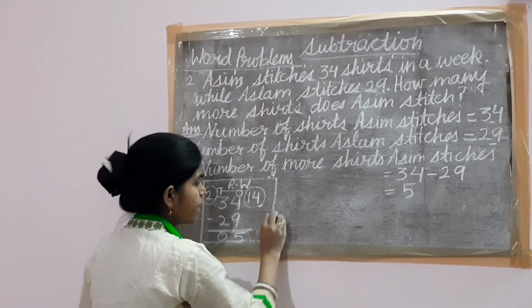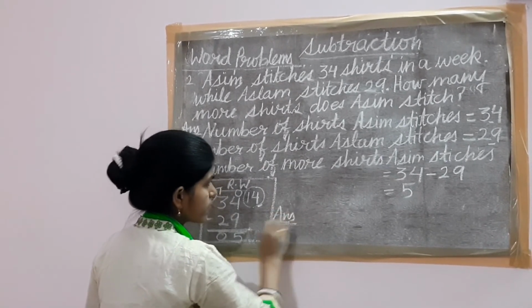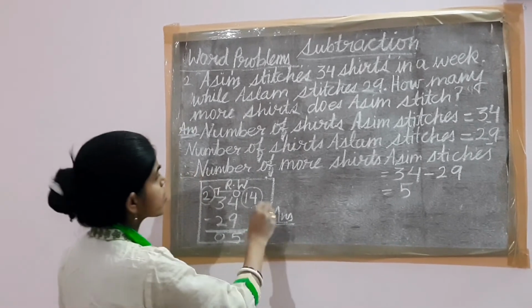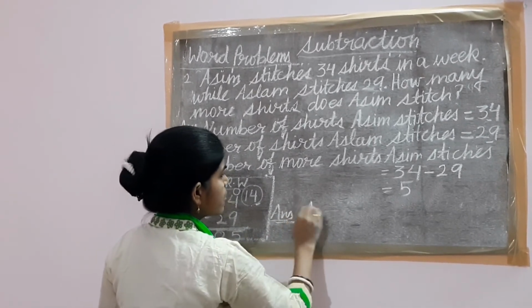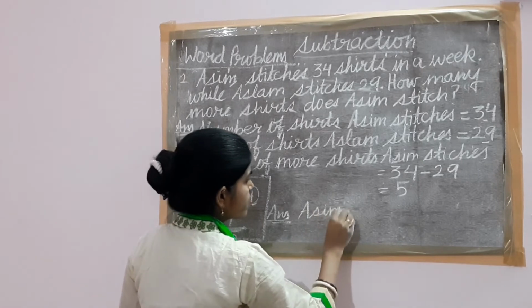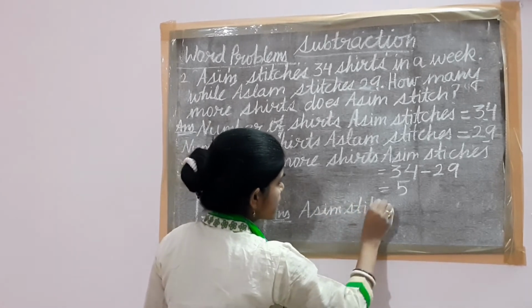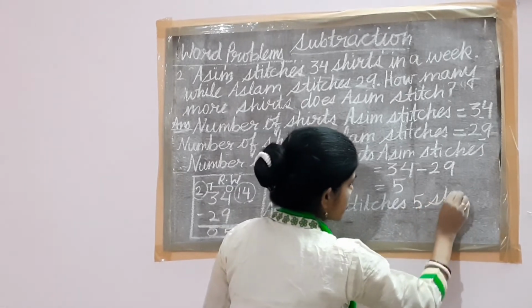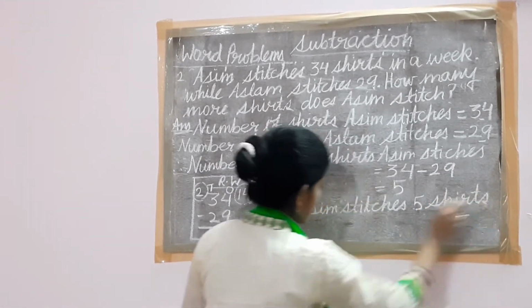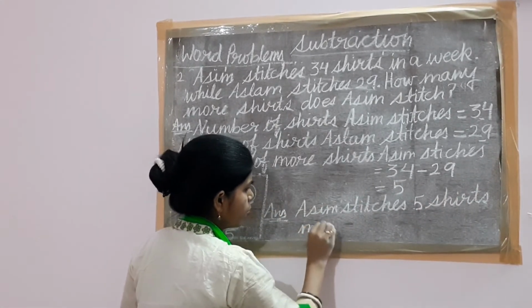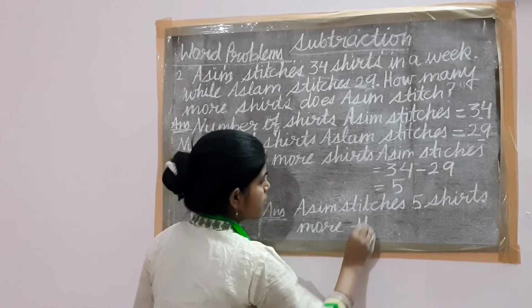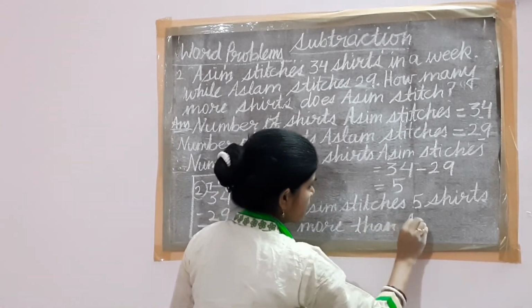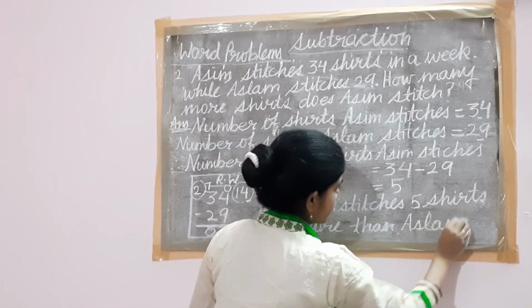We will write the final statement. Asim stitches 5 shirts more than Aslam.